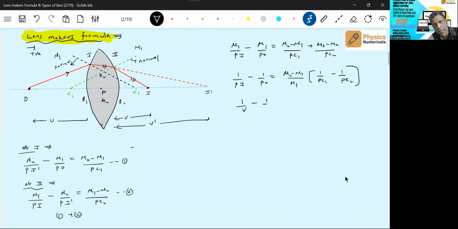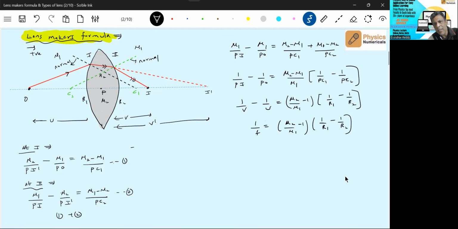So this will be v, this will be u, mu2 by mu1 minus 1. This will be 1 by r1, this will be 1 by r2. We know from the lens equation, this everything should be equal to 1 by f. All the things you have to substitute with sign.